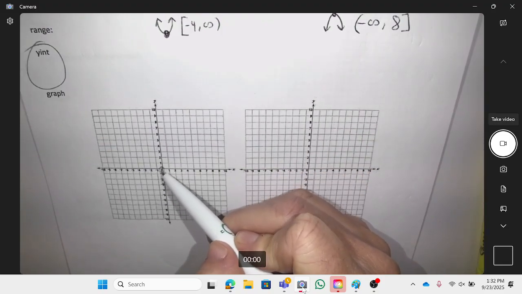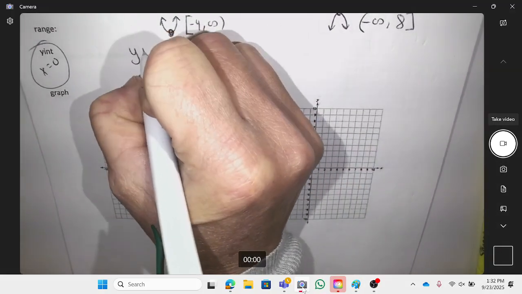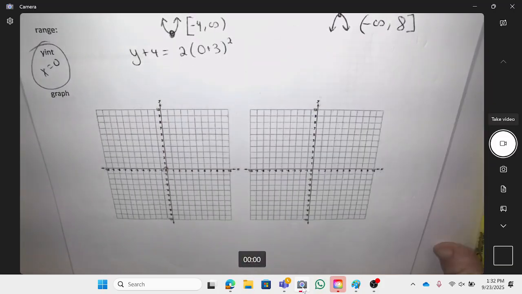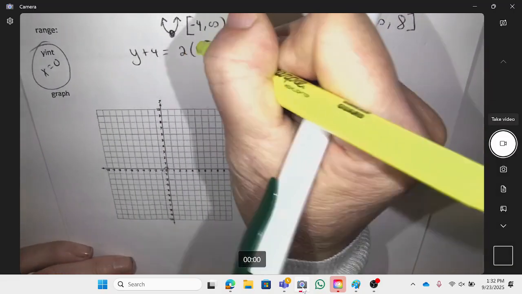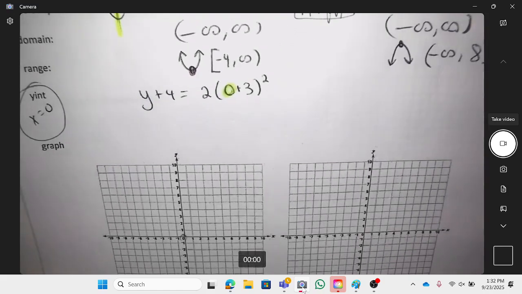X is 0. Guess what I'm doing? Plug in. If I know X, X is an input. If you know input, you can get output. That's what that is. If you know input, figure out the output.